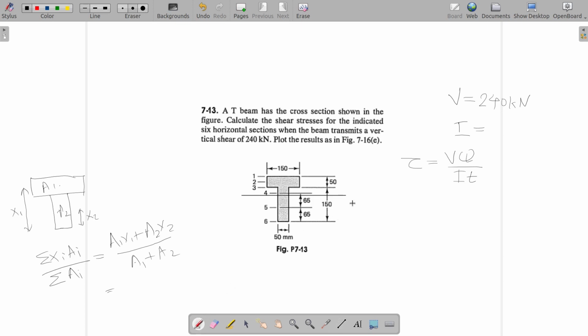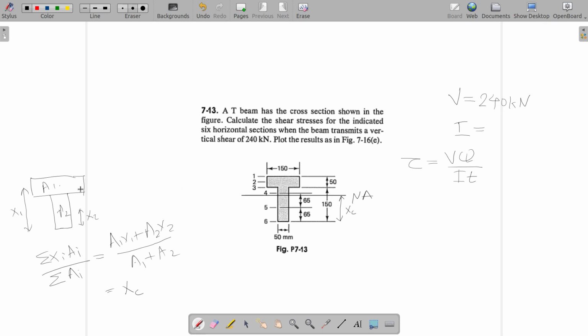And let's assume that this is the value you obtained. So this value is the centroid of the whole section. Once you have the centroid, you need to calculate the area moment of inertia of the whole section about the centroid. How do you do that?